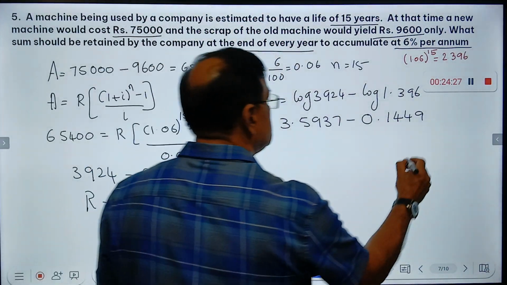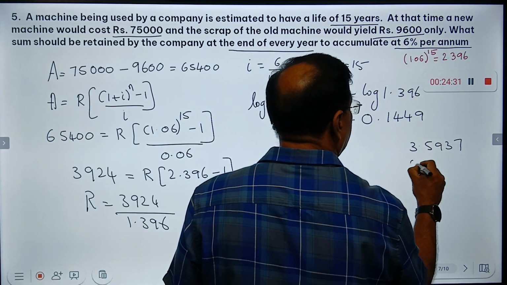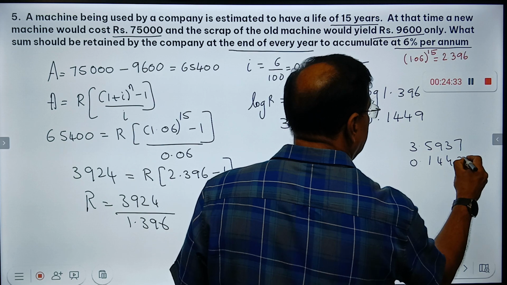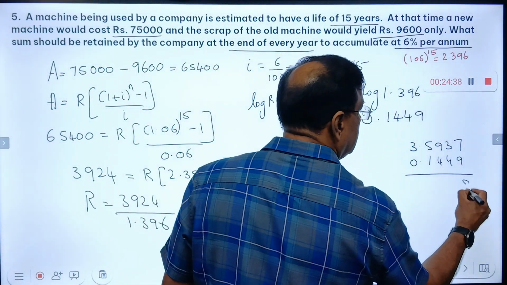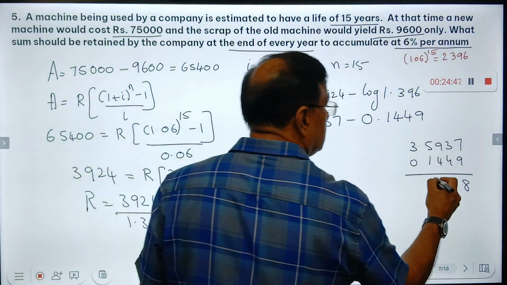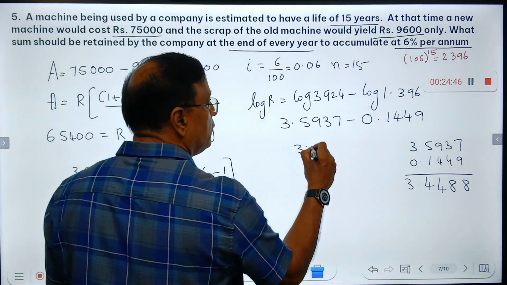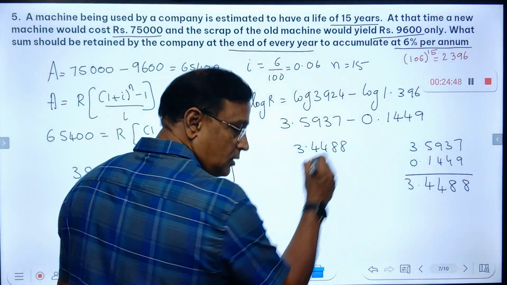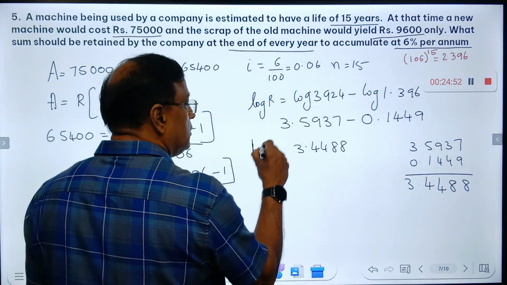Now do the subtraction. 3.5937 minus 0.1449 is 3.4488. Normal subtraction. So log R equals 3.4488.